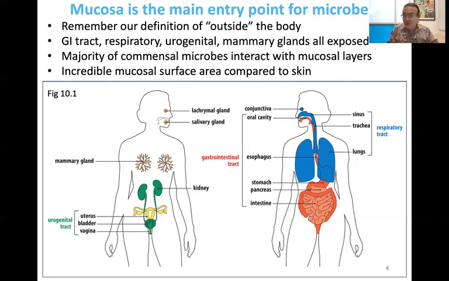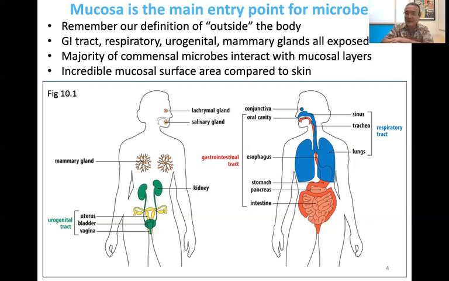So it wouldn't be surprising that, if you know that on the outside of your arm there's going to be lots of bacteria just because it's exposed to the outside world, you don't think about it because you cannot see the bacteria. Suddenly, if you think about what about inside, my GI tract, certainly that lining is also teeming with bacteria.